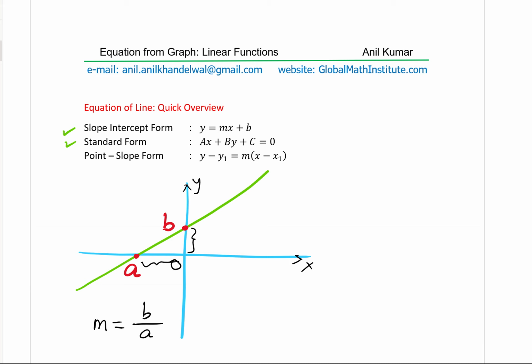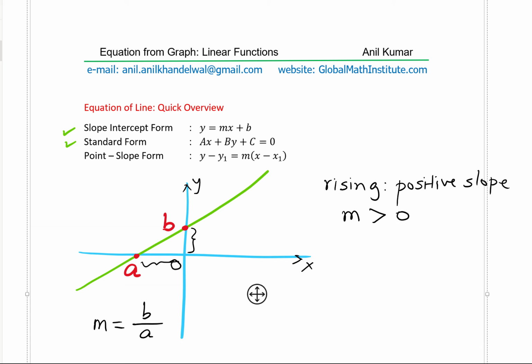The distance here which we're talking about. Every line which is rising, so if the line is rising, we have a positive slope. Positive slope means that the value of m will be greater than 0. Let's take another line which is a falling line. Let's say like this, right?